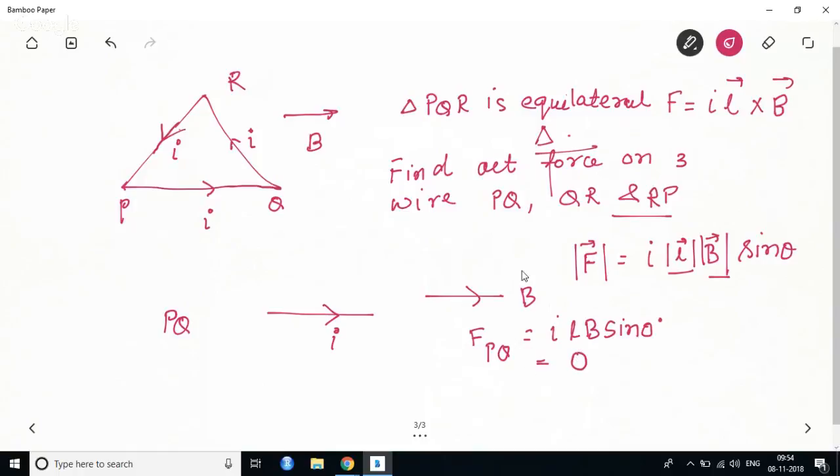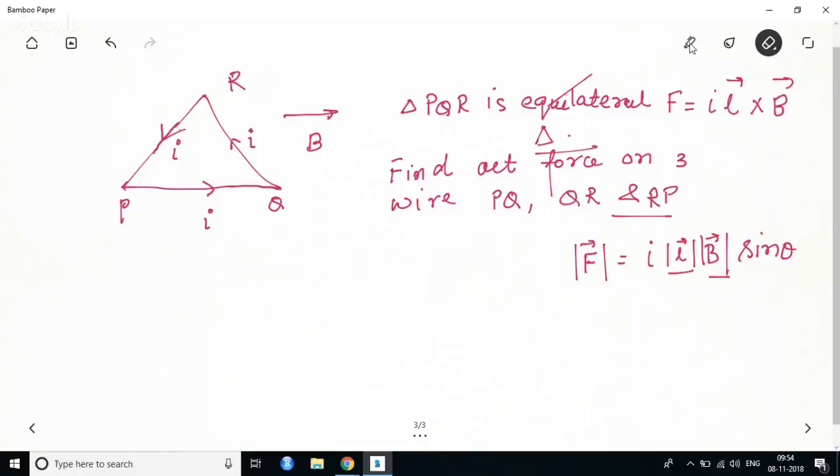So did you all understand this? Okay, I hope you all understood this. Now let me go to QR.